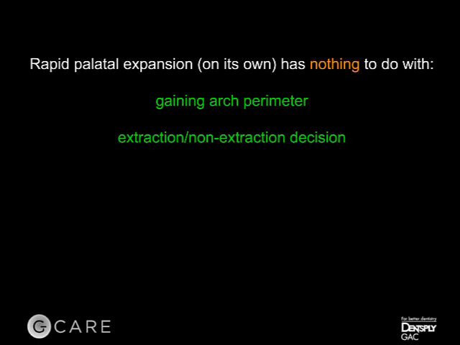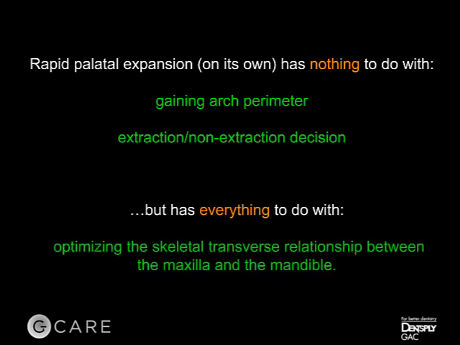So at the end of this webinar, if you can only remember one slide, this will be the critical part of this whole session. Rapid palatal expansion, at least on its own, has nothing to do with gaining arch perimeter or with the extraction, non-extraction decision. The point of what we are talking about is optimizing the skeletal transverse relationship between the maxilla and the mandible.